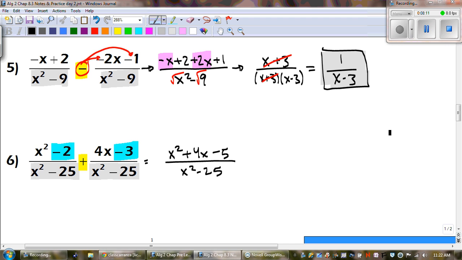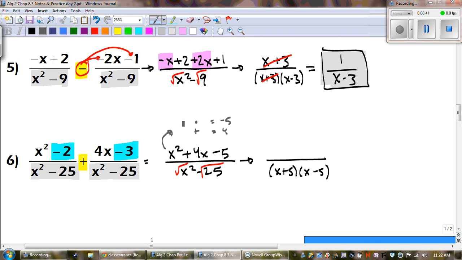And now we have to factor. The bottom, super easy. Difference of two squares. So that's x plus 5, x minus 5. But now on the top we have to think of what numbers multiply to get to negative 5 and add to get to 4.